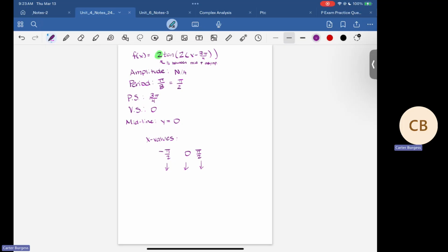What should we do first? We want to always be doing the opposite. Divide by 2. Divide by b first. That gives me negative pi over 4, 0, and pi over 4. And then what should we do? Let's go ahead and add 3 pi over 4. I get pi over 2, 3 pi over 4, and 4 pi over 4, or pi.